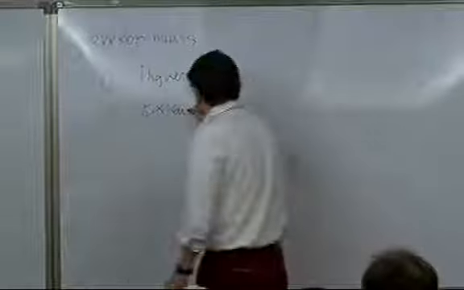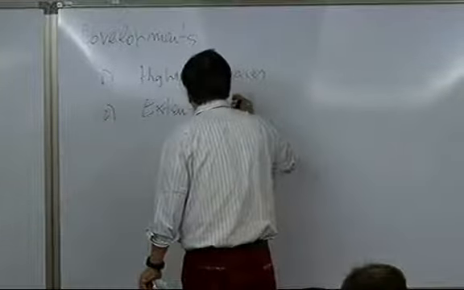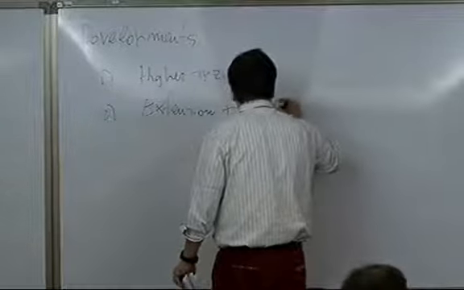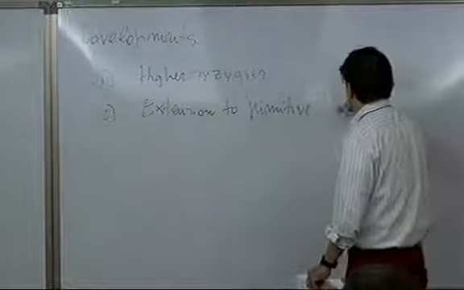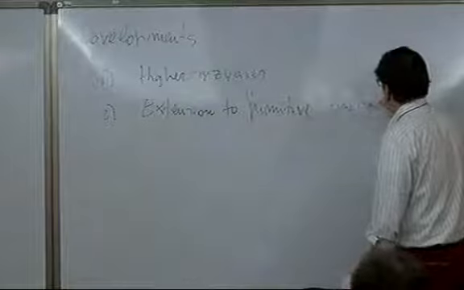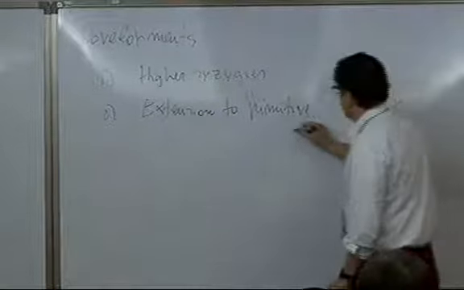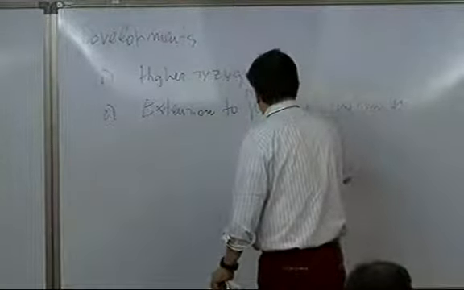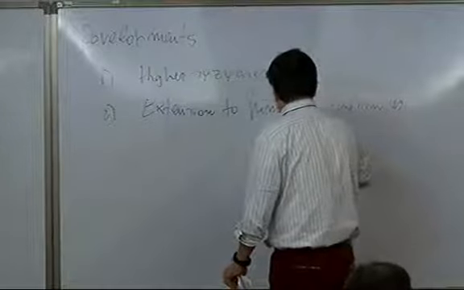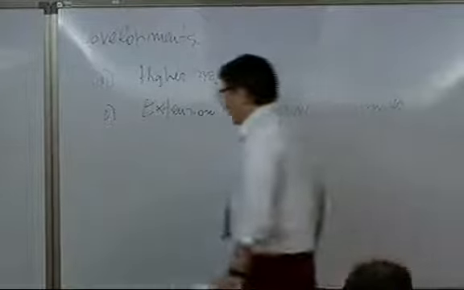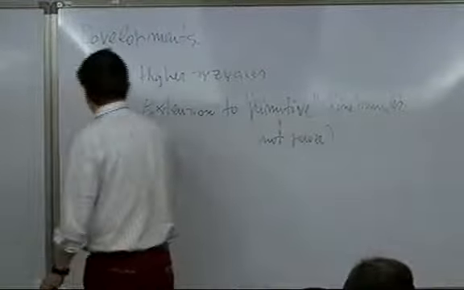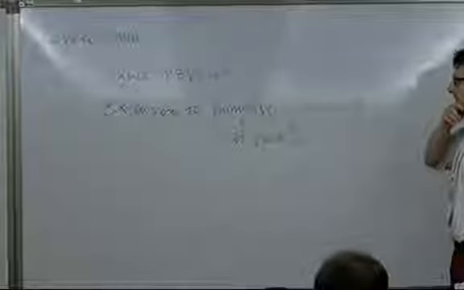These are called primitive line bundles. So primitive means not a power. Okay, so let's start with the first topic.